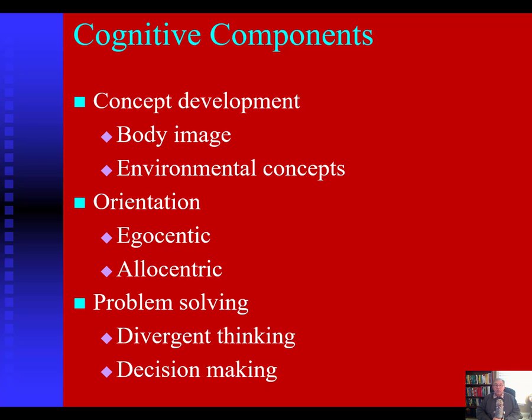First of all, let's talk about concept development in relation to body image. One of the most fundamental concepts is understanding one's own body. Some blind children are not aware of their own precise movements because they're not tuned into the concept of their body.